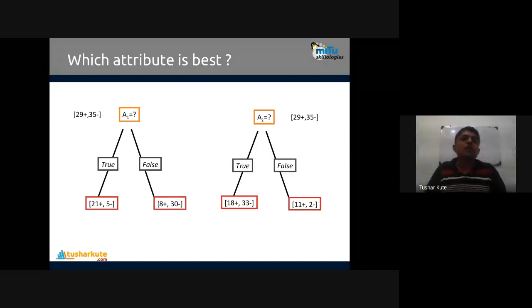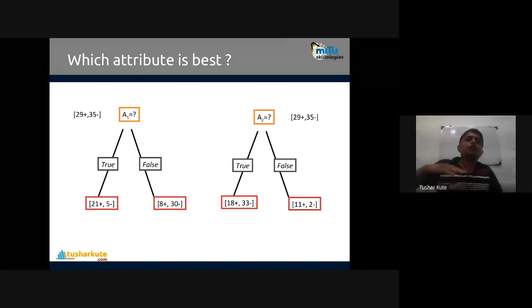Now, total 64 data rows are present. Out of 64, 29 are in the plus class, the positive samples, and 35 are in the second class, the negative samples. The data is almost balanced here.